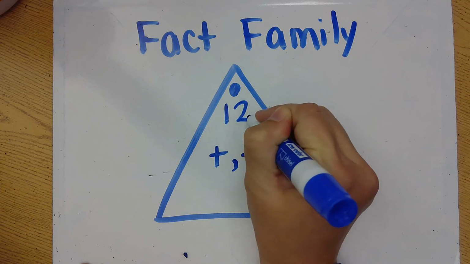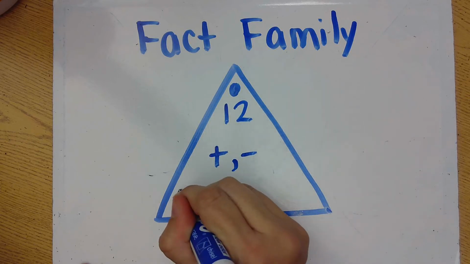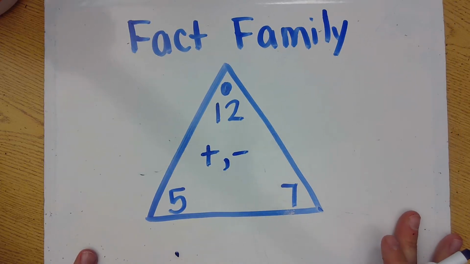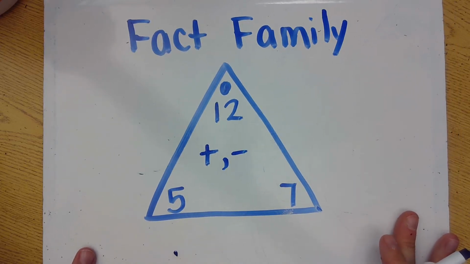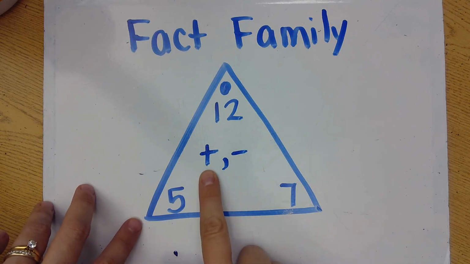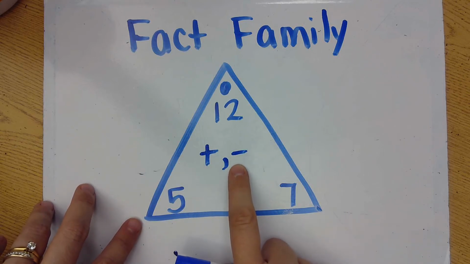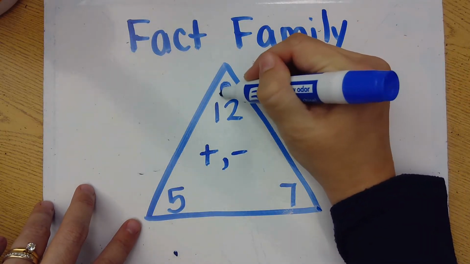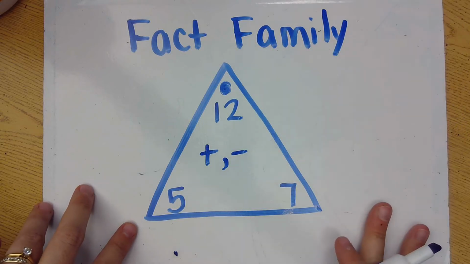So let's go ahead and look at one. I'm going to put 12 here, 5 here, and 7 here. All of these numbers are in the same family. I can make up 2 adding problems and 2 subtracting problems using only these 3 numbers. Again, the dot is where the largest number is.